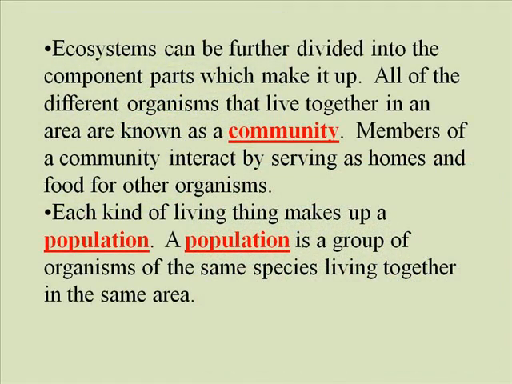Now, when we look at ecosystems, we look at all the living and non-living things. So if we looked at your neighborhood as an ecosystem, we're talking about all the people that live there, all the other animals that live there, the birds, the cats, the dogs, the squirrels.